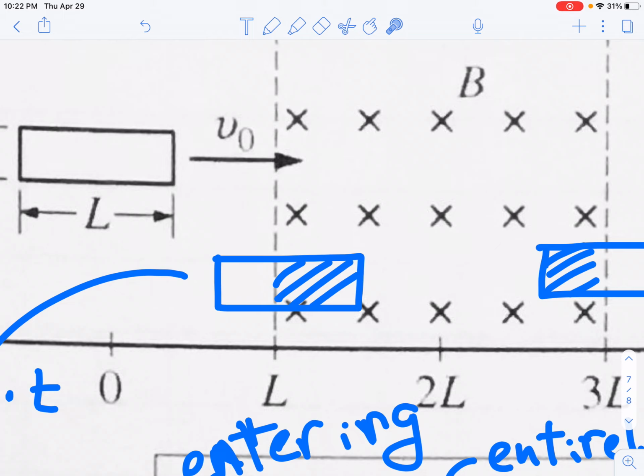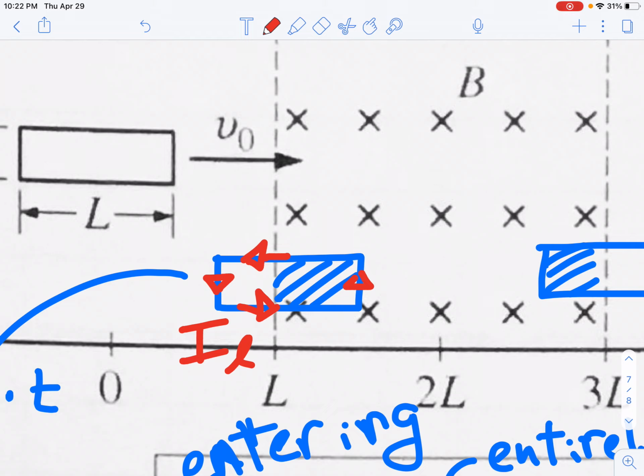Flux was increasing. So you're going to point your thumb out of the page, curl your fingers, and when you do that, you get a current which goes this way, right? That's the induced current in our little loop. Over here, it would go down. Over here, it would go up.